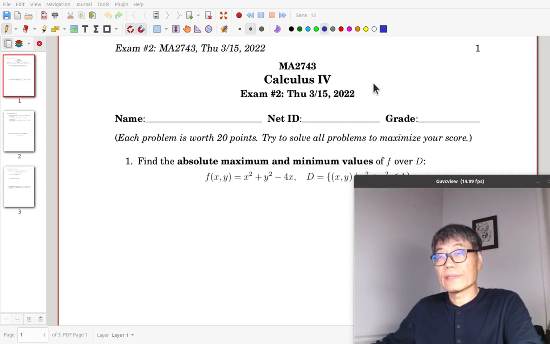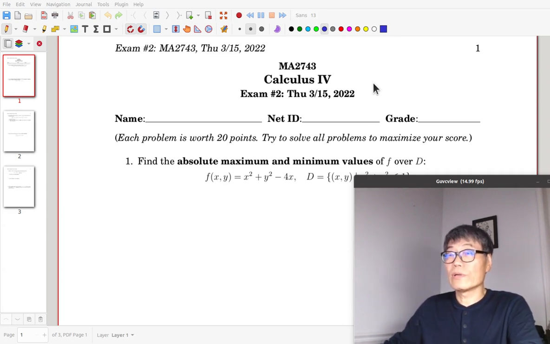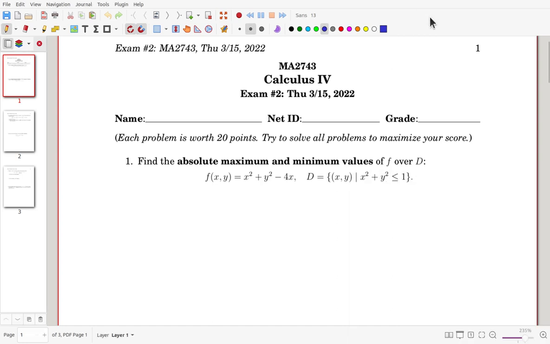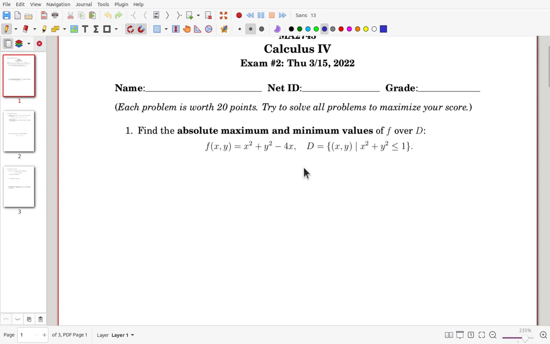As a study guide for exam number 2, let's try to solve a set of old exam problems. Number 1, find the absolute maximum and minimum values of f over D. D is the unit disk of radius 1, and f is given in this way.